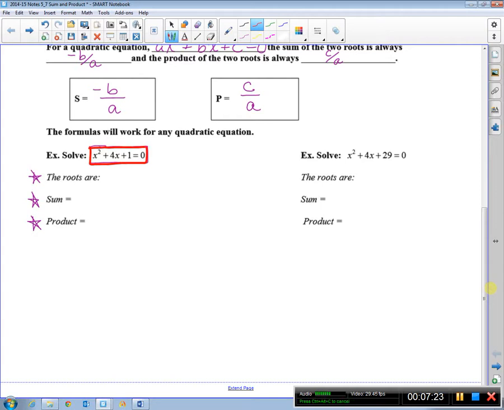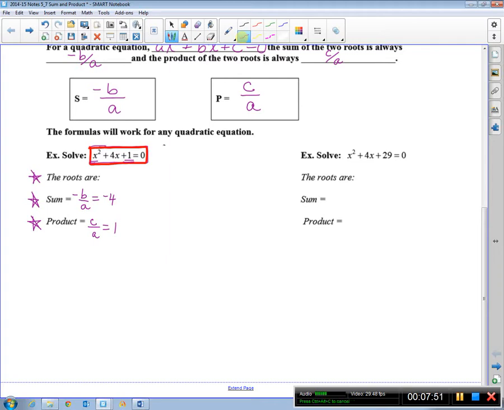I can predict the sum and the product. The sum should be -b over a, so it should equal -4 divided by 1. And the product should equal c over a, so it should equal 1 divided by 1. Well, let's see if this comes true. Let's see if that actually happens.